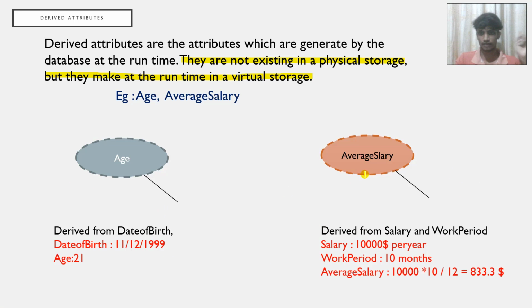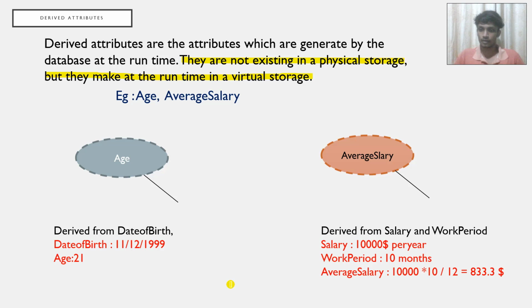The second example, average salary. It is derived from salary and work period. So salary and work period are the given inputs. Or let's say those really exist in the database as data. And average salary is automatically generated by using some kind of math equation by itself. So imagine our salary is $10,000 per year and work period is 10 months.